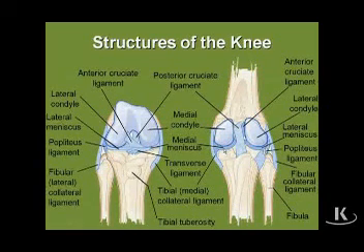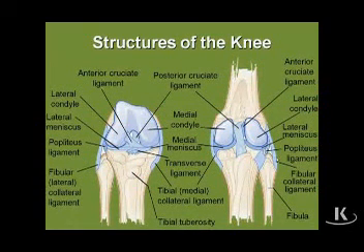Secondly, if we want to improve stability of the knee, we need to limit mobility of the knee. So one way of limiting mobility is by adding ligaments that limit the directions in which the knee can move. And so we have a medial collateral ligament, also referred to as the tibial collateral ligament, and we have a lateral collateral ligament, also referred to as the fibular collateral ligament.